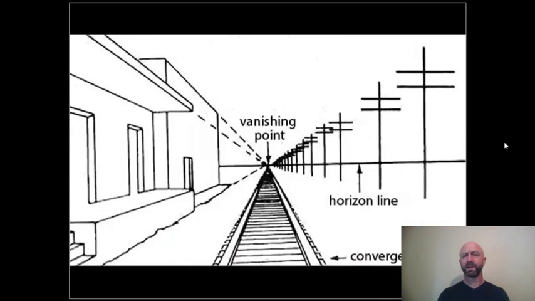Linear one-point perspective is just a kind of rationalization of the idea of converging lines, which, you know, we all know from when we were a little kid and you're trying to draw something like train tracks, that lines that are perpendicular to the picture plane, lines that in real life would be parallel, as they go away from us, appear to converge.